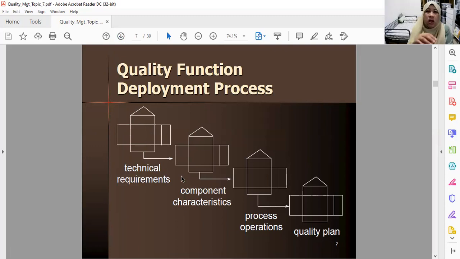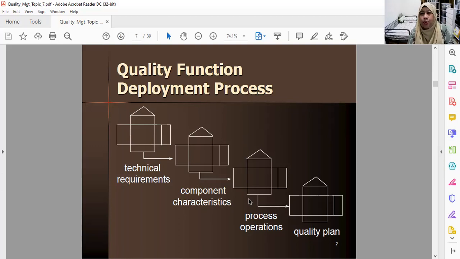Because when we adopt this technical requirement, indirectly we want to know what the components in the technical requirement are. So we can see the component characteristics involved. And then of course they have how this technical requirement and the component are processed and operated. So they will go to the third step here, and the last one will be a quality plan.